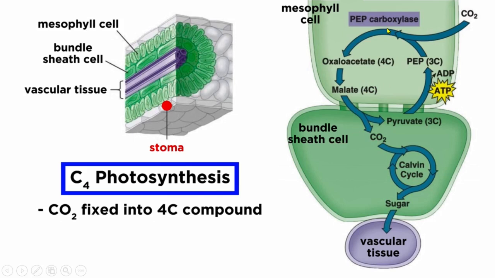Take note that carbon dioxide will enter the mesophyll cell, and then it will become a 4-carbon molecule, changing into malate, and then becoming pyruvate later on, releasing the carbon dioxide into the Calvin cycle. So this is the strategy to increase the concentration of carbon dioxide to prevent photorespiration from happening.